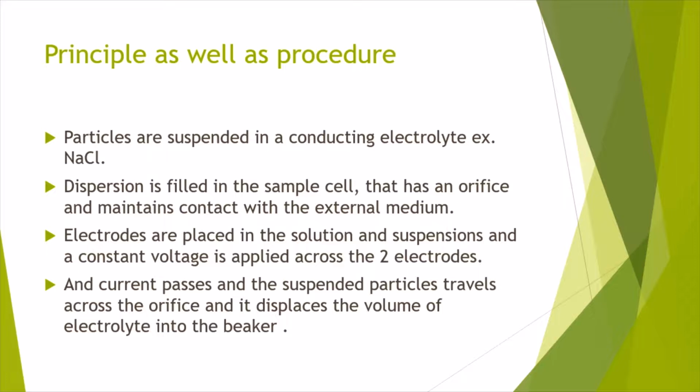Electrolytes are mainly dispersed in the solutions or suspensions used, and a constant voltage is applied across the two electrodes. When current passes and the suspended particle travels across the orifice, it displaces the volume of electrolyte into the beaker. Whenever the current is passed through the suspended particles, it first checks the flow through the orifice, and then it displaces the volume of the electrolytes in the beaker.